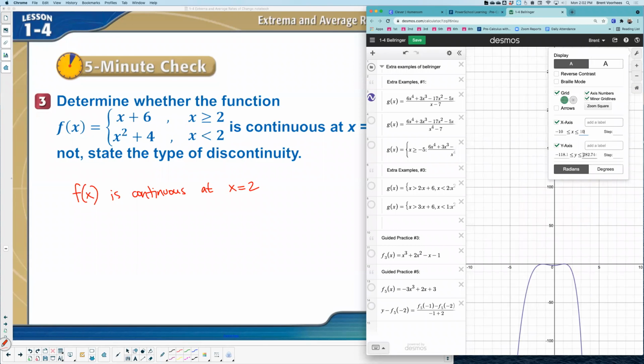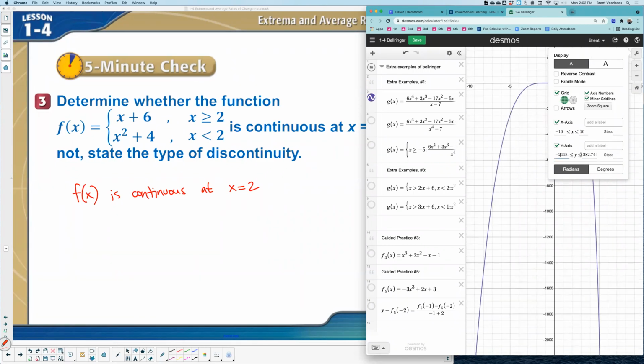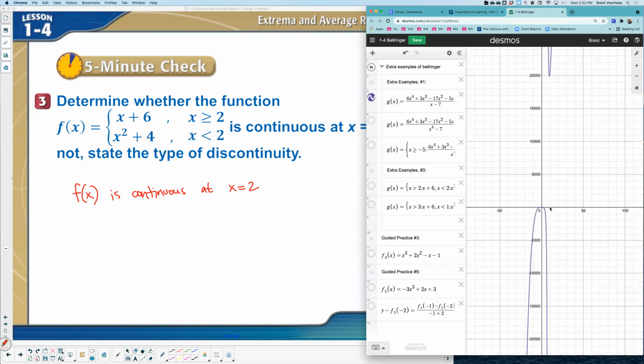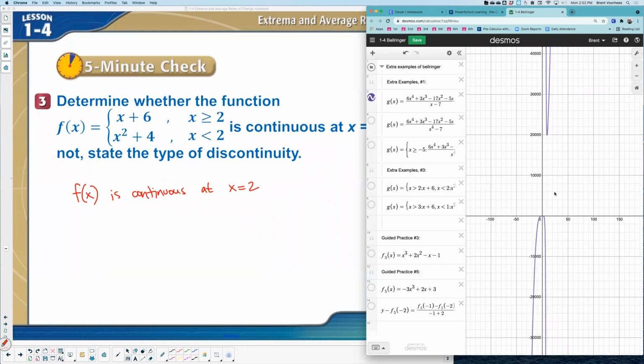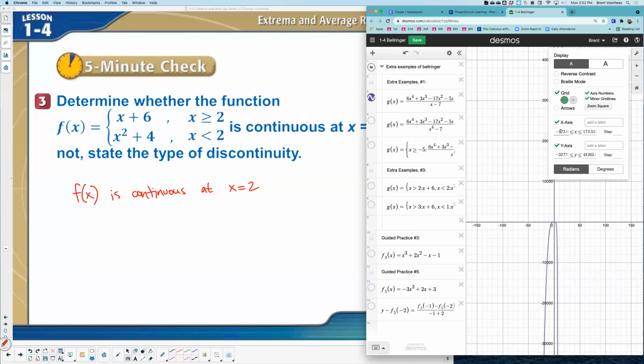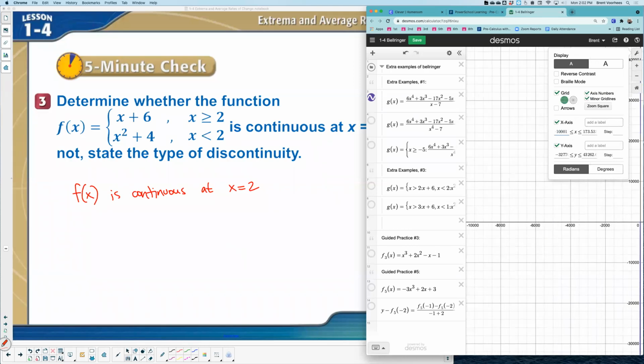Not seeing the pieces yet. I can't remember which way I need to zoom out. Hang on one second. Well, there's another piece of graph. There it is. There, I found it. Sorry.